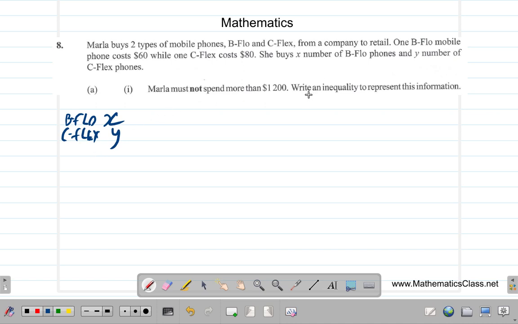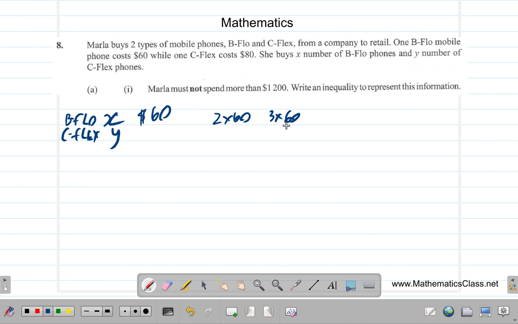Now, you have to look at the fact that one B Flow costs $60. That means if she buys 2 B Flow, she spends 2 times $60. If she buys 3 B Flow, she spends 3 times $60.